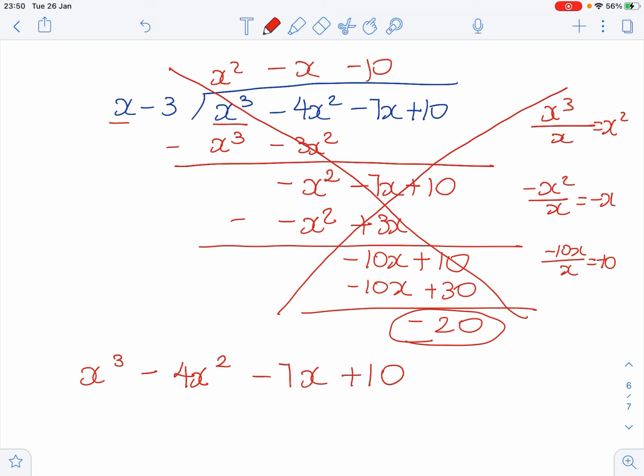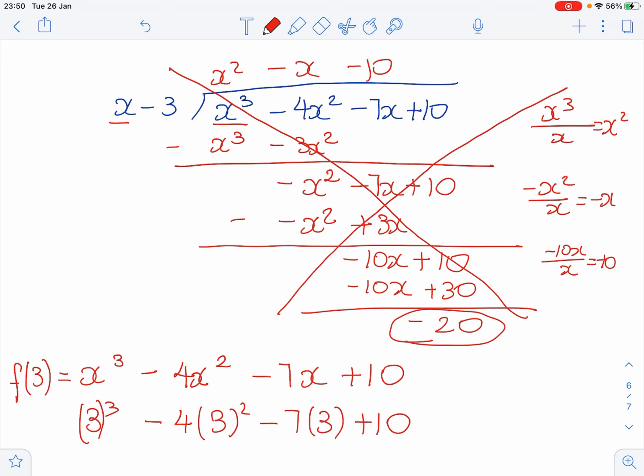So this is our equation, and the remainder theorem tells us to use x equals 3. We want to find the remainder, so we substitute 3 into the equation. So 3 cubed minus 4 times 3 squared minus 7 times 3 plus 10.